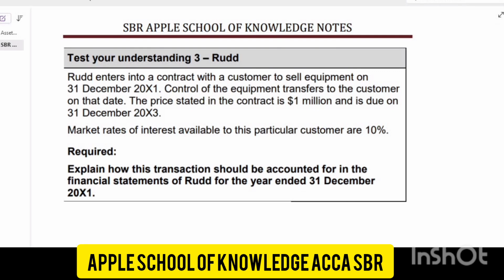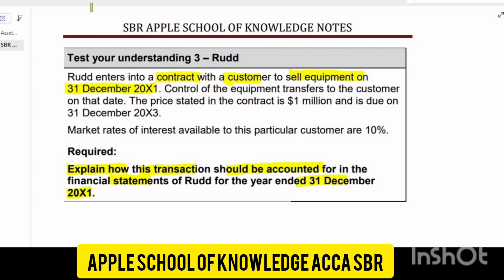Here, an entity enters into a contract. First, read and explain how this transaction should be accounted for in the financial statements for the year ended 31st December 2001. The entity entered into a contract with a customer to sell equipment on 31st December 2001.